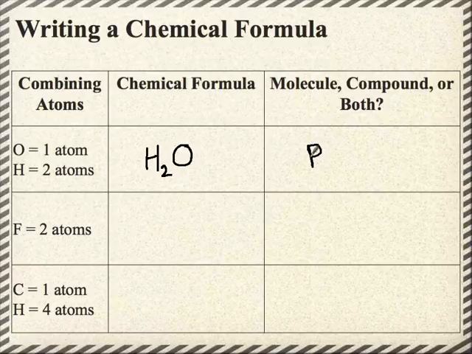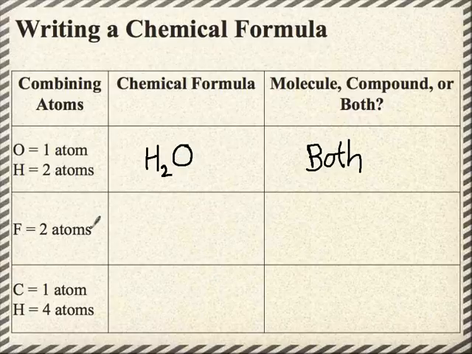I hope everybody's saying both. The reason why is because it's a molecule whenever atoms combine. But why is it also a compound? It's a compound because you have 2 different atoms combining together.